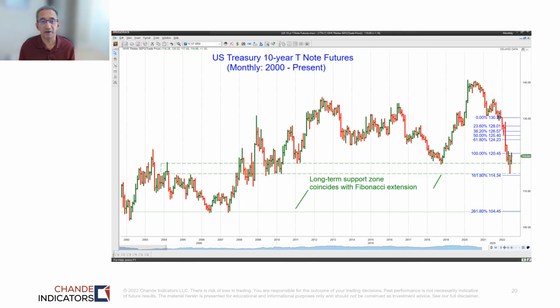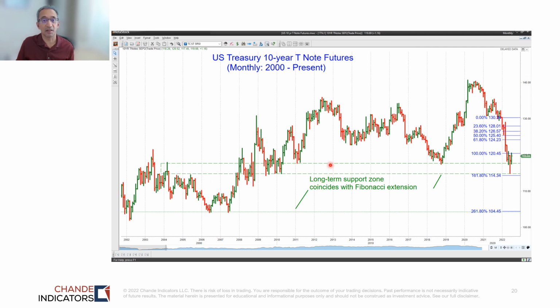So this is a very long-term chart of the monthly 10-year T-note futures data. And what I want to show you here is that we have the Fibonacci extensions on the right-hand side, and we've marked support and resistance based on action many years ago. And you can see that from time to time, the Fibonacci projections often coincide with some support and resistance on the charts.